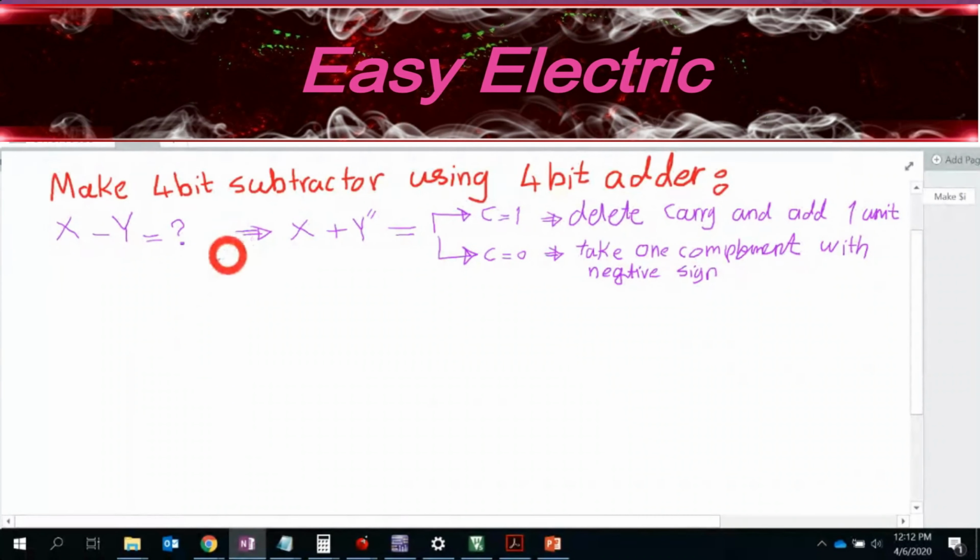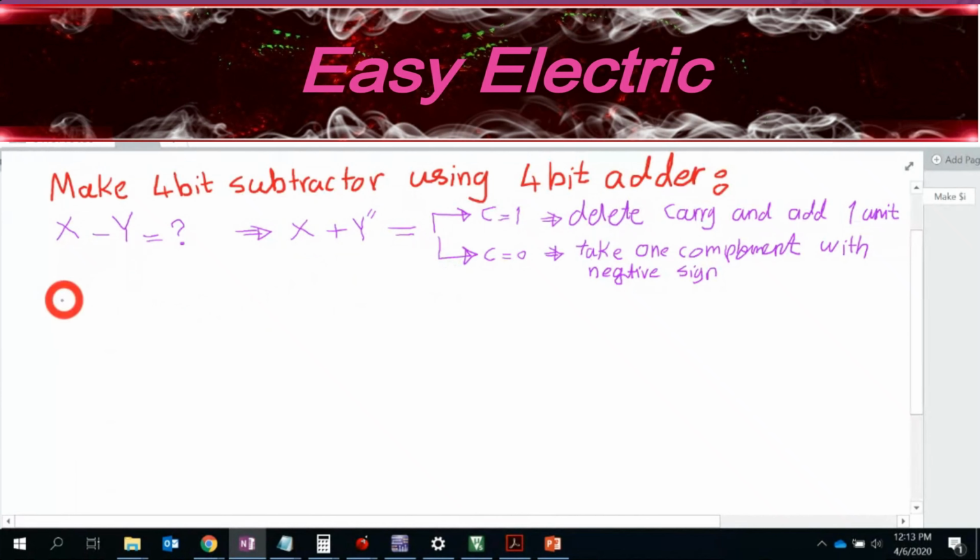Before I explain the circuit, let me mention another thing which we will use whenever we want to design the subtraction. The first one is what you need to remember from chapter 1.